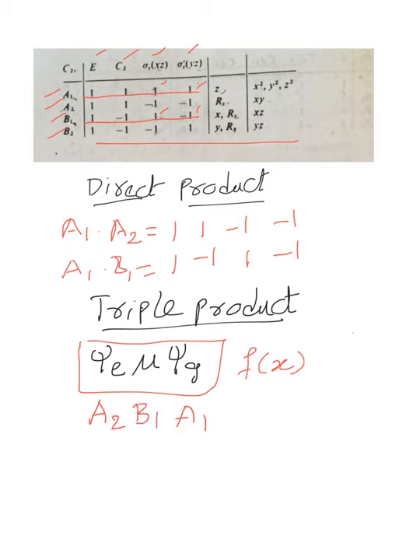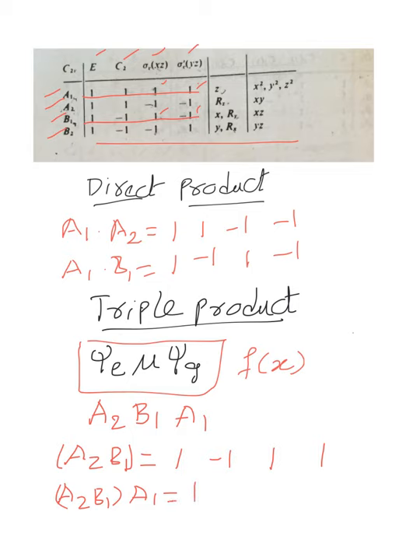Now we take the direct product of these three representations. First let's do A2 B1 and then multiply by A1. A2 B1 is equal to, so we multiply the second one and third one, 1 into 1, 1; 1 into minus 1, minus 1; minus 1 into 1, minus 1; minus 1 into minus 1, 1. Now we multiply this by A1. A1 has all ones, so this will not change.